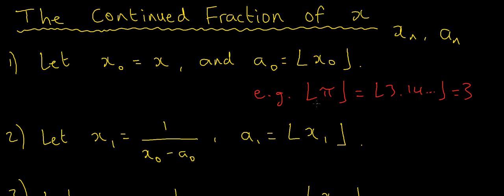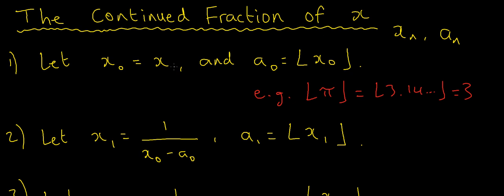So for instance, the floor of pi would be the floor of 3.14159 and so on, and that would just be 3 because the largest integer which is smaller than pi is 3. And for instance, the floor of 2.6 would be 2 because the largest integer which is less than 2.6 is just 2. So it's a bit like the integer part of a decimal.